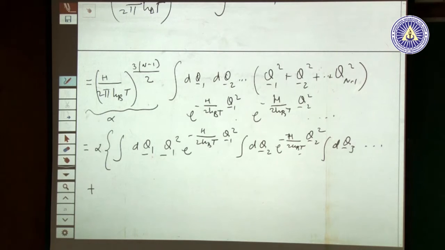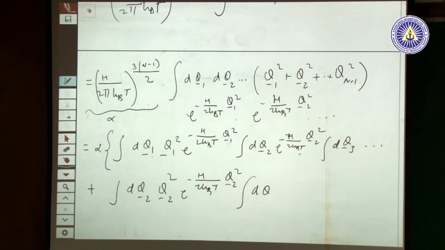So, I will put this alpha out, and now you will get dq2 q2 squared e to the power minus H over 2 k_B T q2 squared and all the other ones, dq1 e to the power minus H over 2 k_B T q1 squared and all those, right. Now, each of these integrals, if you take the proper factor from alpha out, because there are n minus 1 of those prefactors, is a normalized distribution function. So, they will all go to 1.